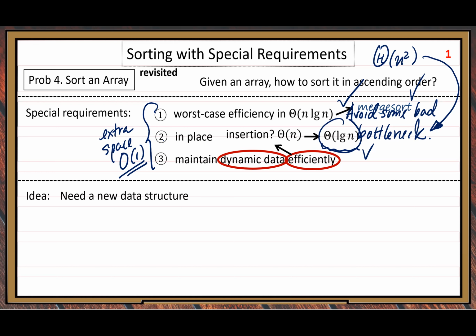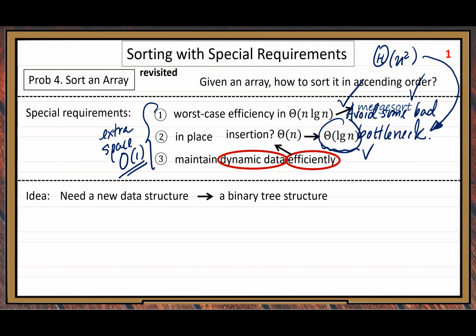When we design a data structure, we should make it friendly to these three requirements, supporting the solutions satisfying these three requirements. So here, we want to emphasize the importance of the data structure.